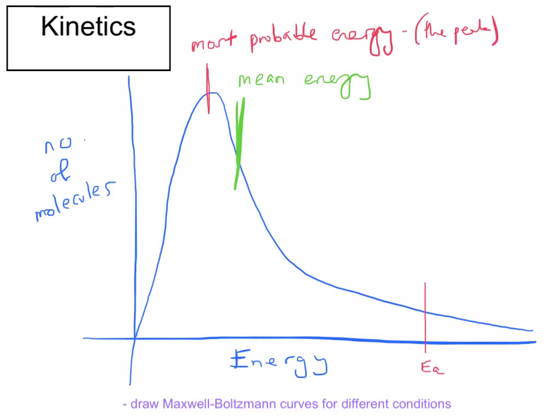So if we start with a hotter temperature, I'm going to use a different colour now, let's go for orange. For a hotter temperature, you've got to think about what happens to this peak and what happens to the number of molecules above the activation energy. The number of molecules above the activation energy is going to be higher, and the peak therefore is going to shift to the right and be lower.